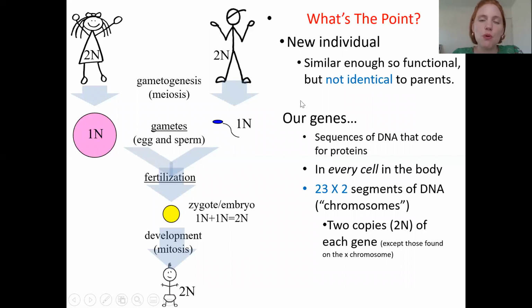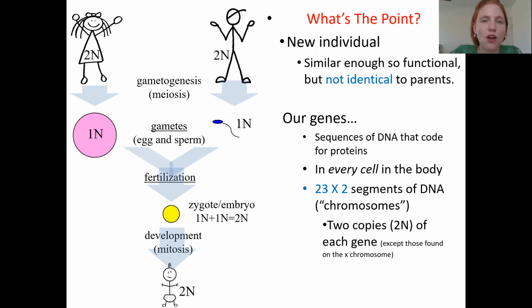The other thing that's important is in the process, you need to make sure that the offspring have the same number of chromosomes as the parents. So we are all diploid. What does that mean? Diploid, di, meaning two, it means that we have two sets of each of those chromosomes. We've got 23 chromosomes and we have two copies of each, except for males. That 23rd chromosome is a sex chromosome and males have an X and a Y instead of two X's.